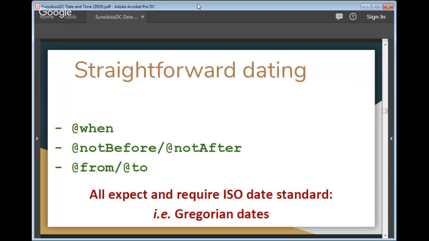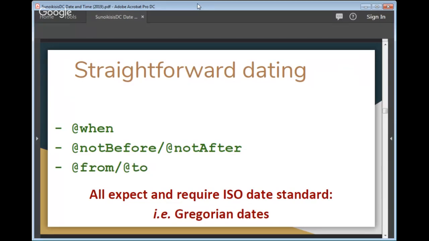All of these, I should stress, both expect and require the ISO date standard, the International Organization for Standardization date standard, which expects and requires Gregorian dates. So if you try to put in another date, even if it's very similar to a Gregorian one, such as a Julian calendar date, you may find, in some cases, that it causes an error, because there may, for example, be a year with the 29th of February in the Julian calendar, which does not have a 29th of February in the Gregorian calendar, so it may actually cause a validation error.